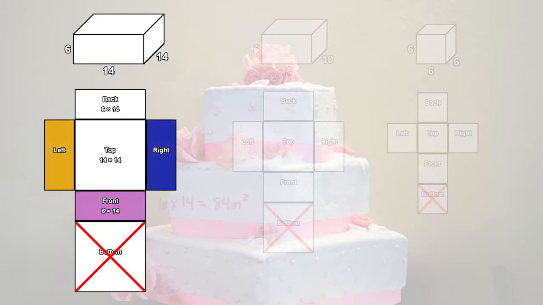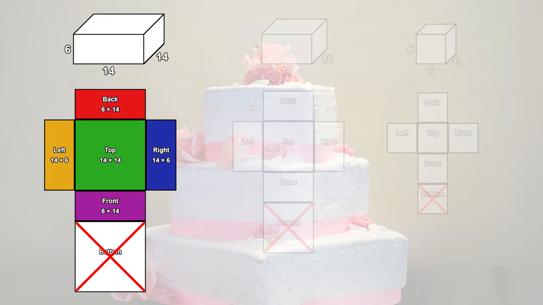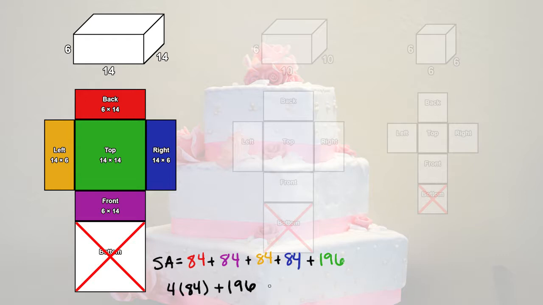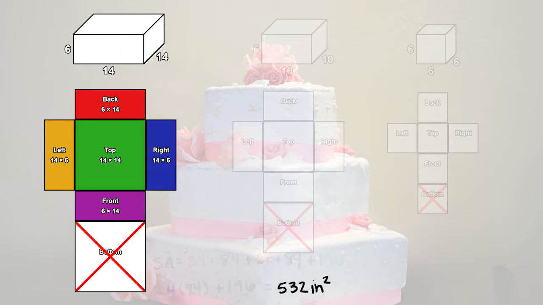The left and right sides have dimensions of 14 by 6, and each has a surface area of 84 square inches. The total surface area needed for the bottom tier is 84 plus 84 plus 84 plus 84 plus 196, or 4 times 84 plus 196 equals 532 square inches.